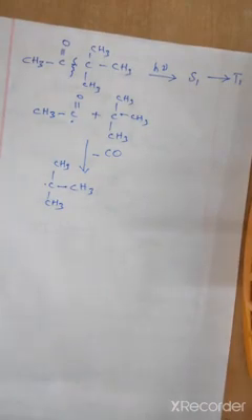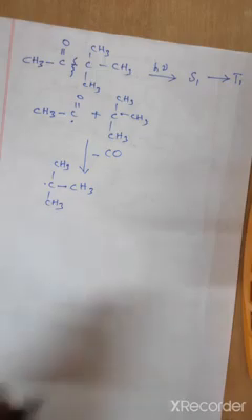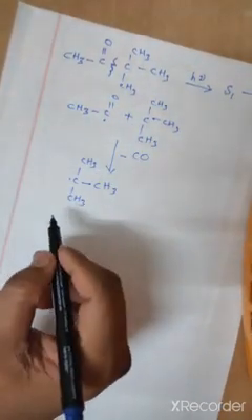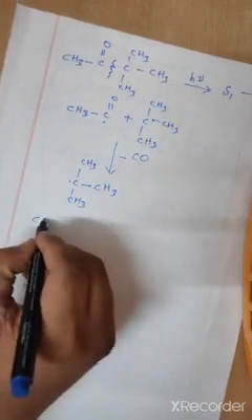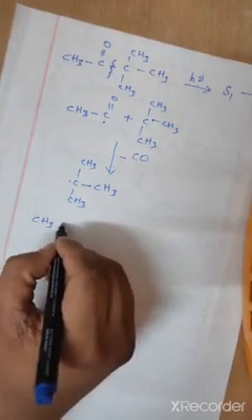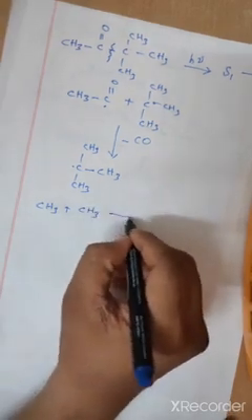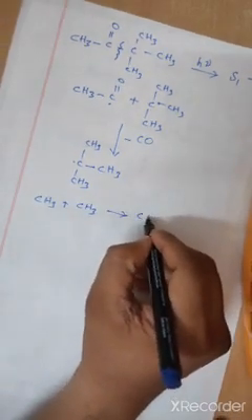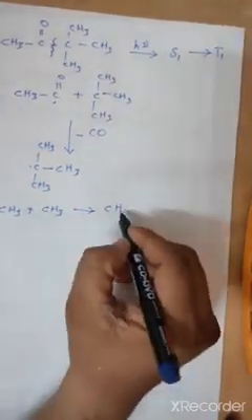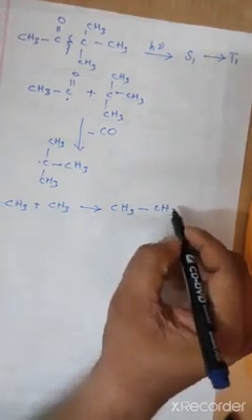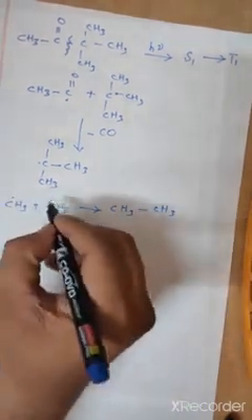Now combining these two radicals, when two CH3 radicals are combined, it gives a product like CH3 CH3, a product like that.